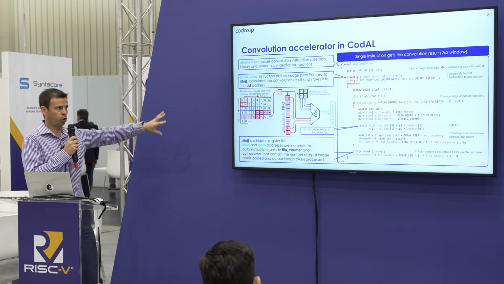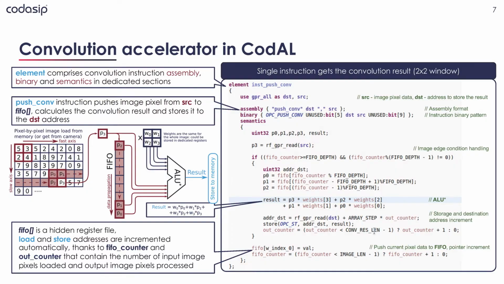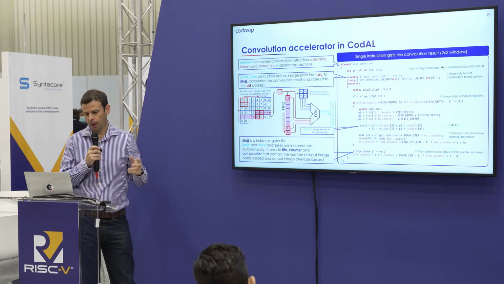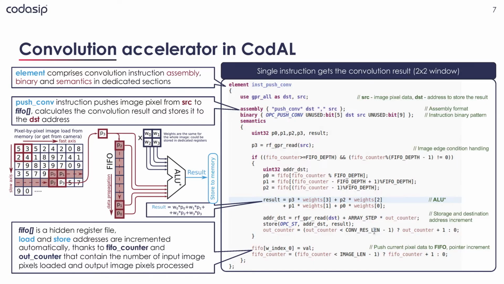So if we take that more complex example of doing that 2x2 convolution, the right-hand side here is what it looks like in Codal. And again, it should be familiar to you if you're used to programming in C or you're used to hardware description languages like Verilog or VHDL. We've created an instruction called pushconv, and that's performing both taking that new value and pushing it onto the FIFO, and then performing the multiply accumulate operation.